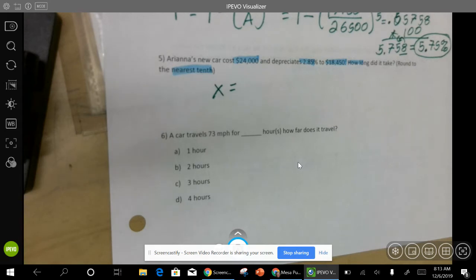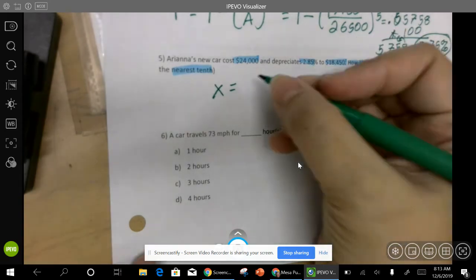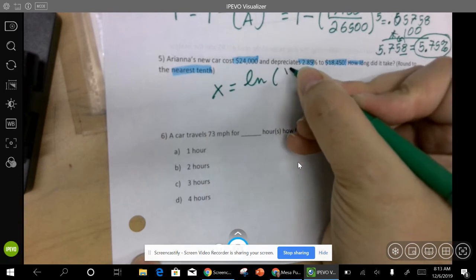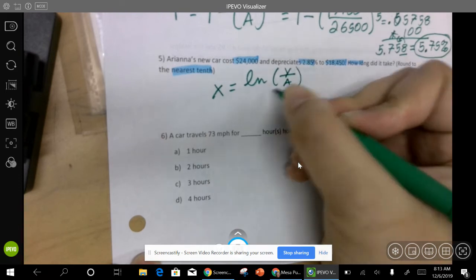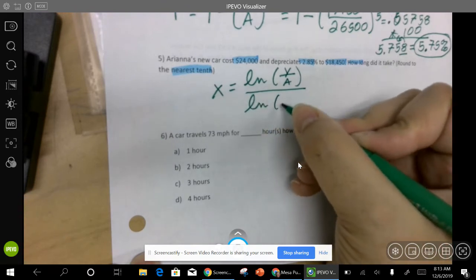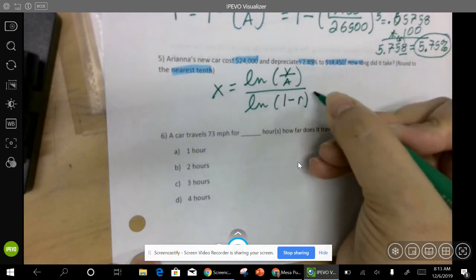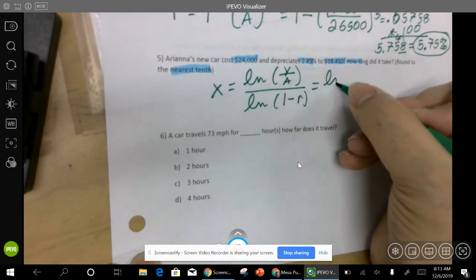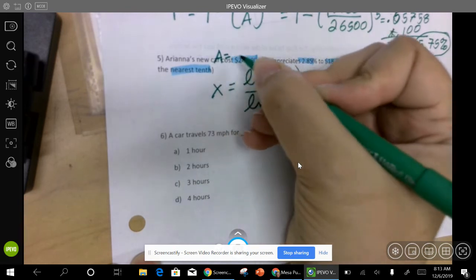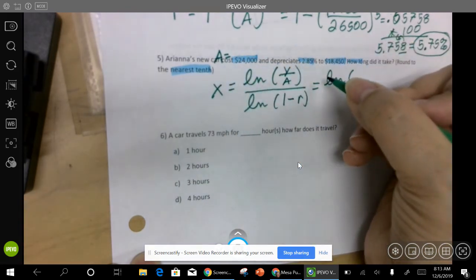So we're going to have our formula: natural log of y divided by a, over natural log of 1 minus r. New car, everybody, so the 24,000 is a.